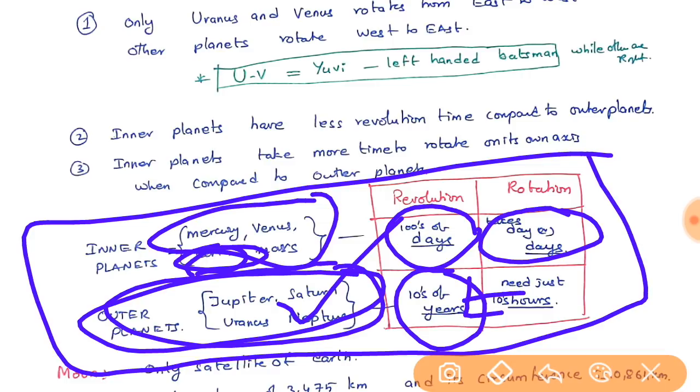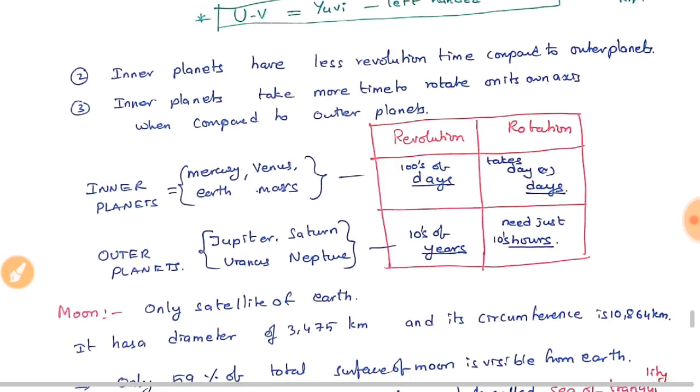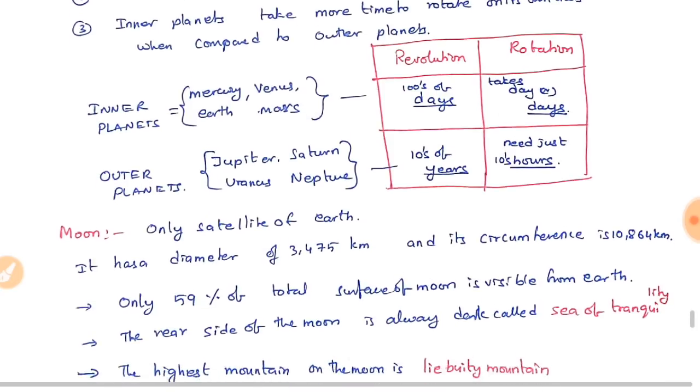Even though the inner planets are very near, they take hundreds of days for revolution, but they take a considerable time of 20 hours or 30 hours for rotation. But the outer planets, which are away from the Sun, take just 6 hours, 10 hours or 8 hours to rotate around themselves. Maybe gravitation comes into play, we don't know, friends.